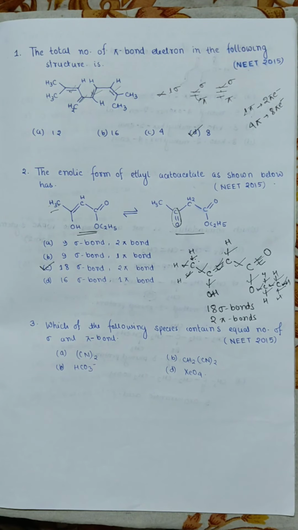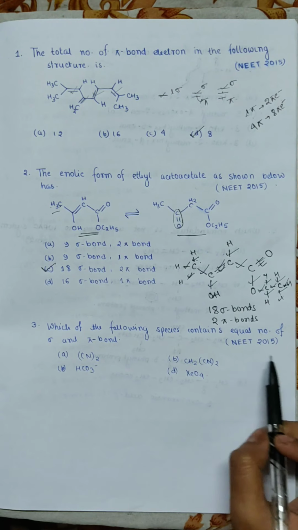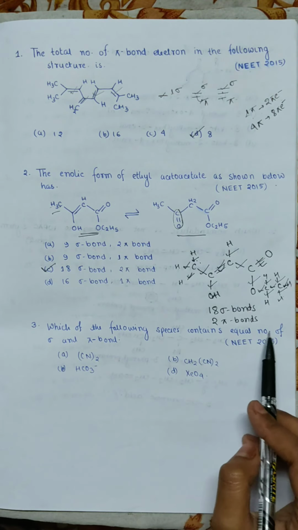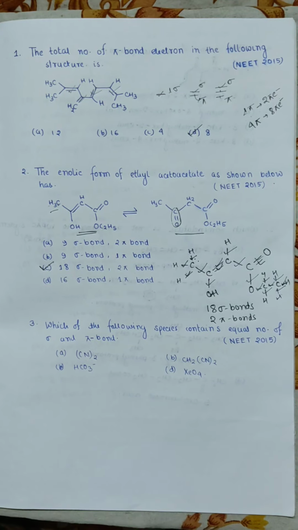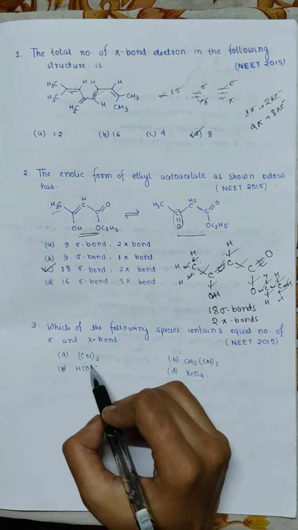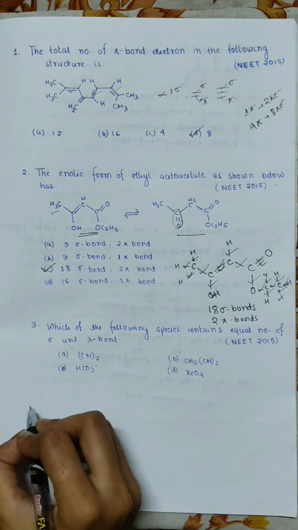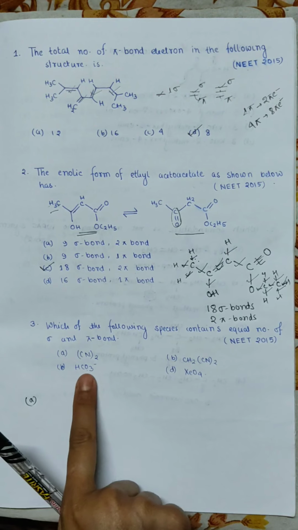Now coming to the next question, which is again from NEET 2015, it says which of the following species contains equal number of sigma and pi bonds. So I have to elaborate all the 4 structures written here. So first coming to option A, which is C4N2.